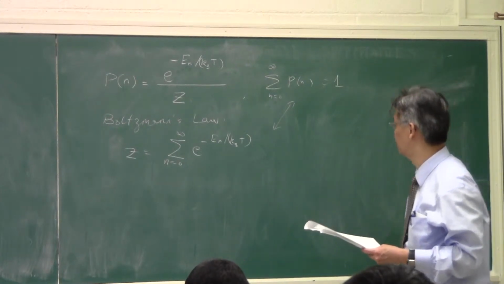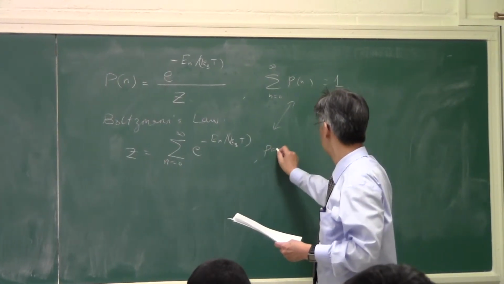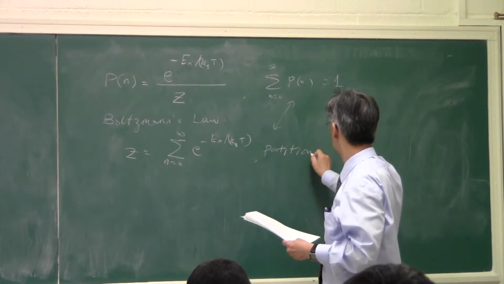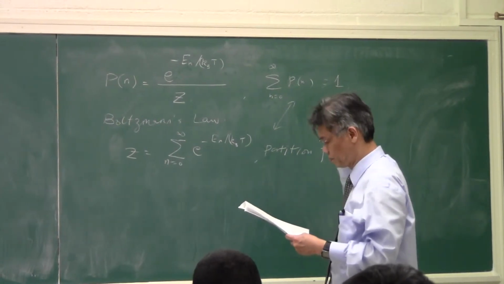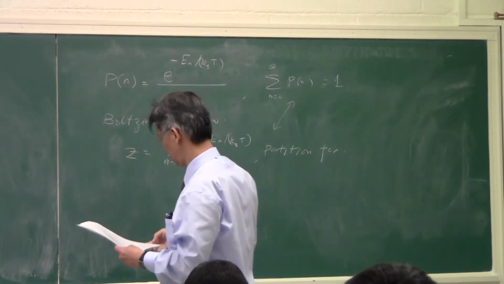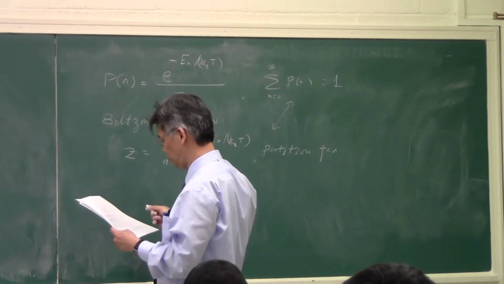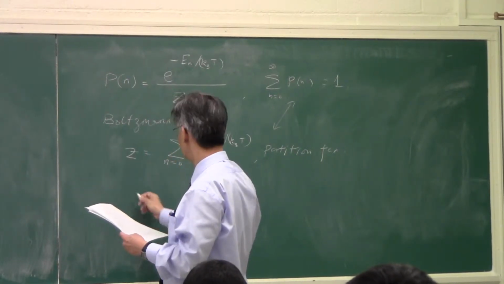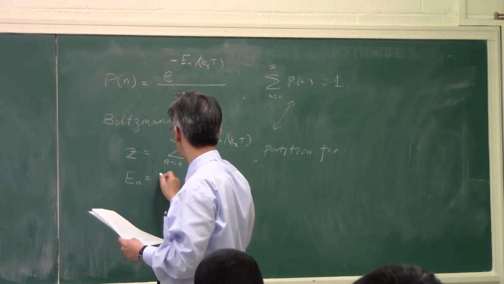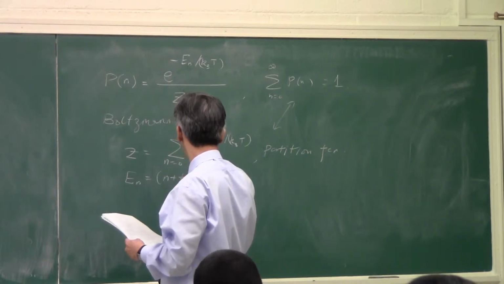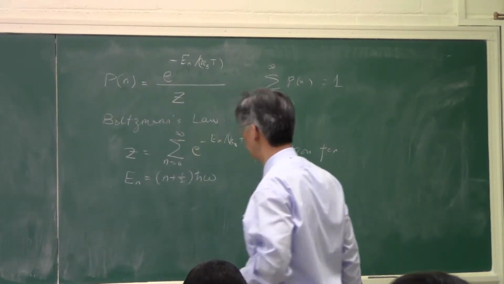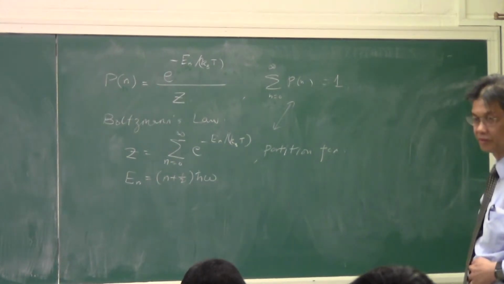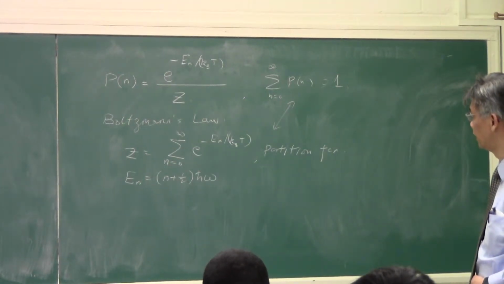This is called the partition function. So you can actually sum Z in closed form for the photon number state. For the photon number state, the energy is given by that. You have a photon number state in the quantum harmonic oscillator.